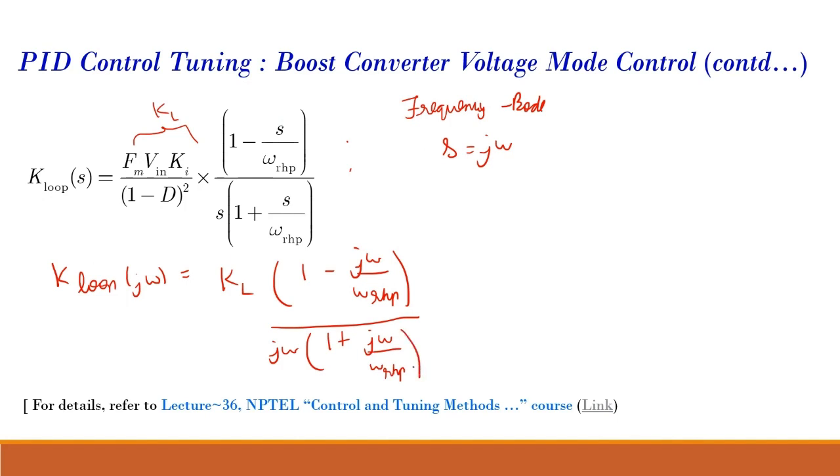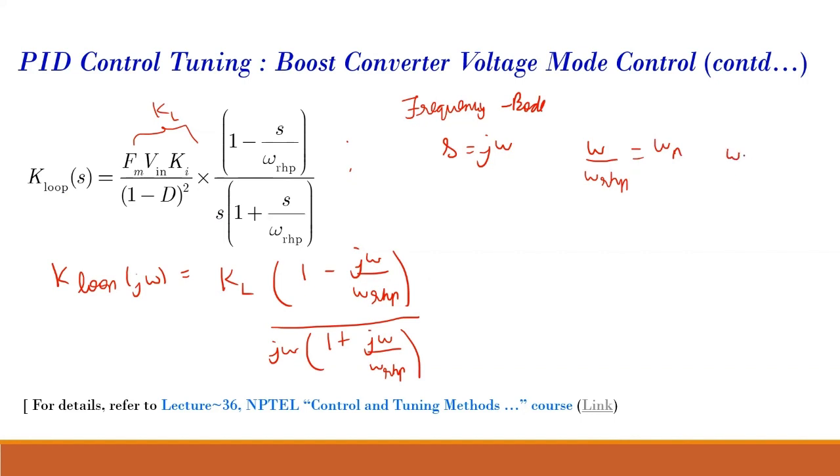Alright. Now I want to make the design simpler. So for omega, I will write omega upon omega RHP, denoted by the term omega n.